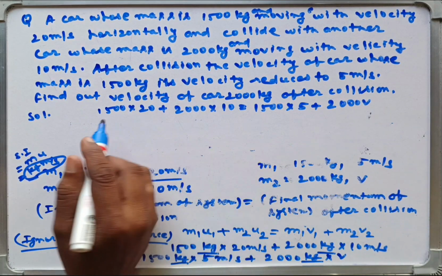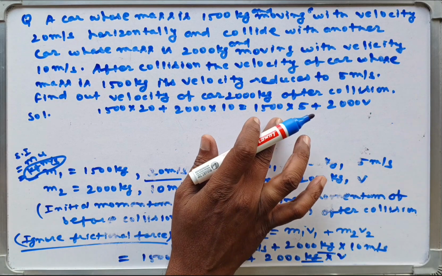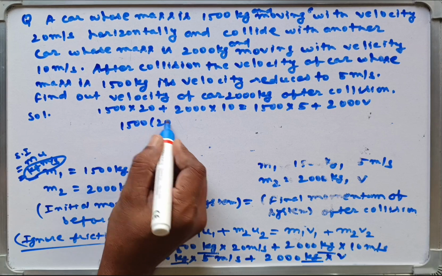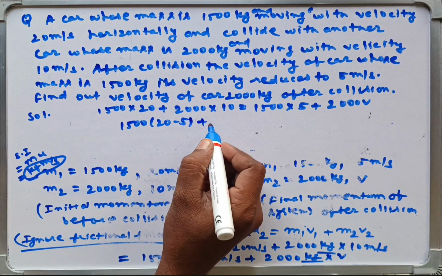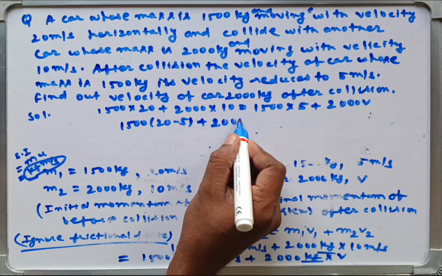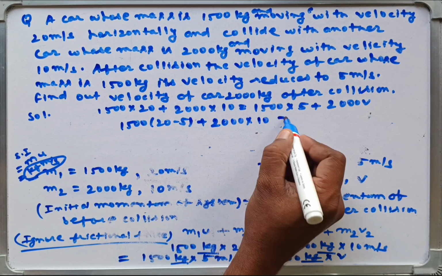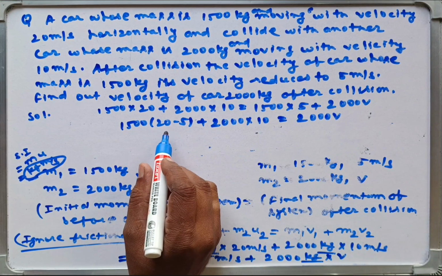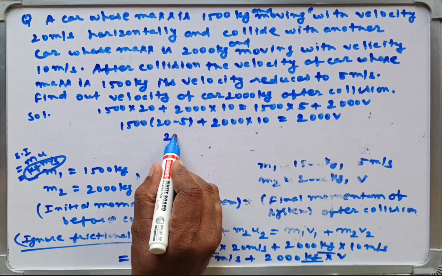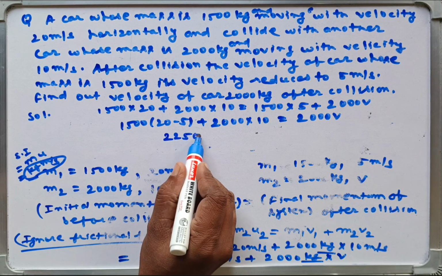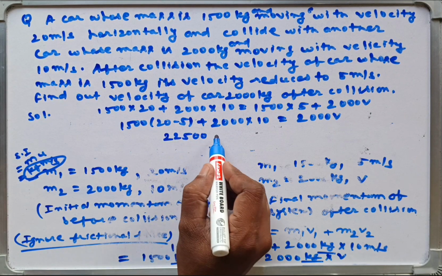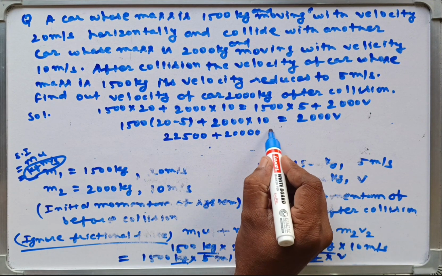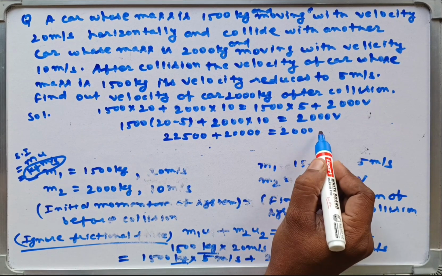Now moving the right side to the left side, this becomes 1500 times (20 minus 5) plus 2000 into 10 equals 2000 into v. The value of this one is 22500, and this one is 20000, and this is 2000 v.